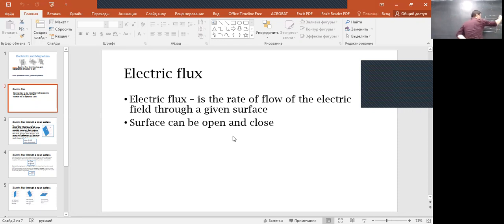So here we have a piece of the electric flux, let's say delta phi, equal to E multiplied by this area dA multiplied by cosine of theta. This is a small piece of the flux.